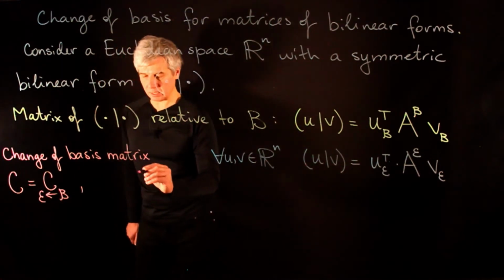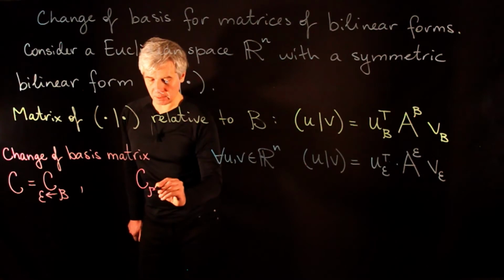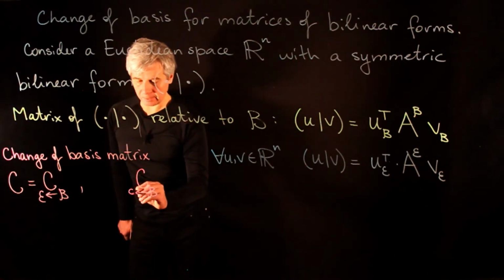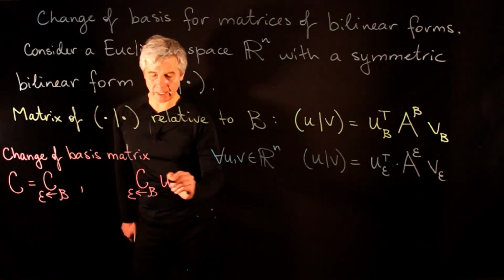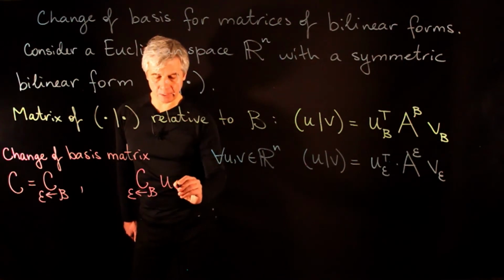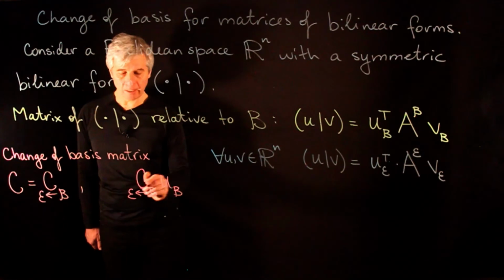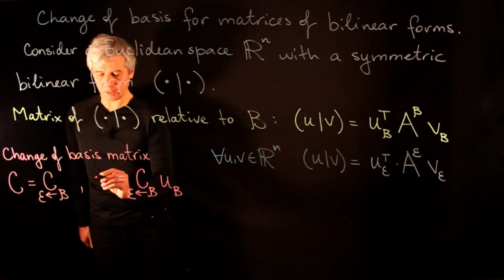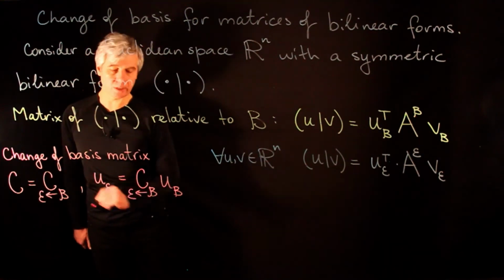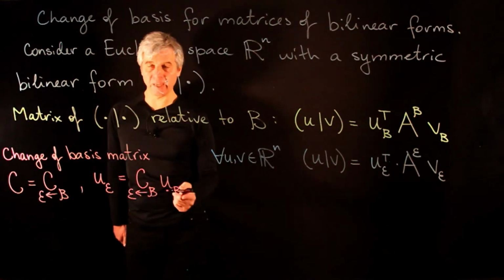So this means that if we take this matrix and we multiply by it on the left the coordinates of any vector u with respect to basis B, then what we obtain is the standard coordinates of the same vector.